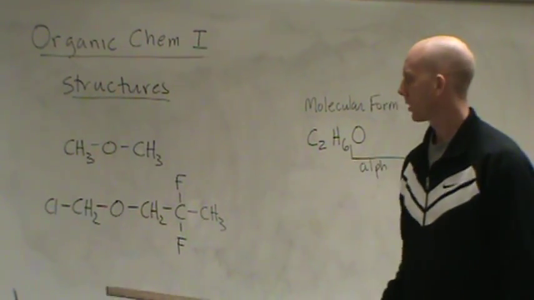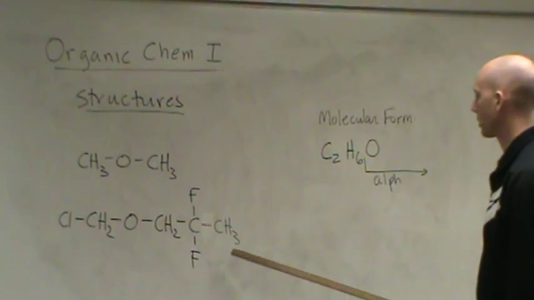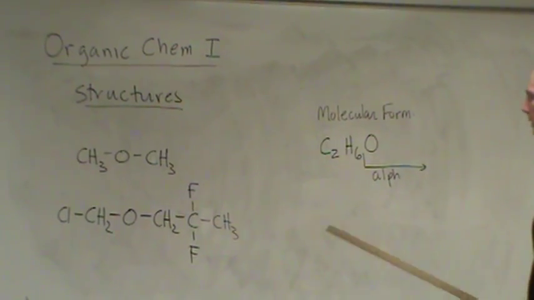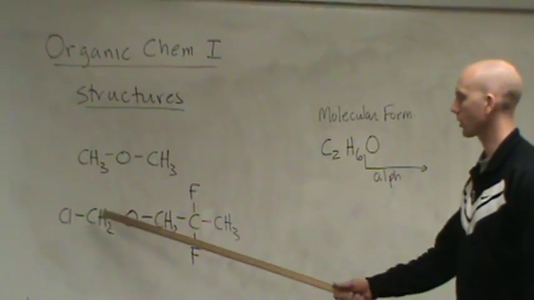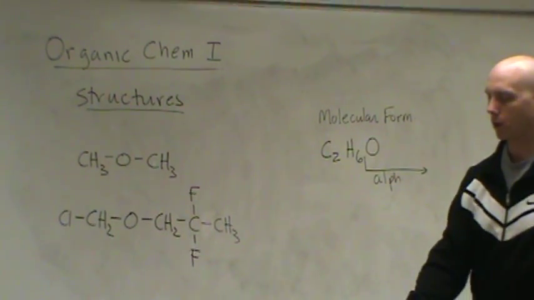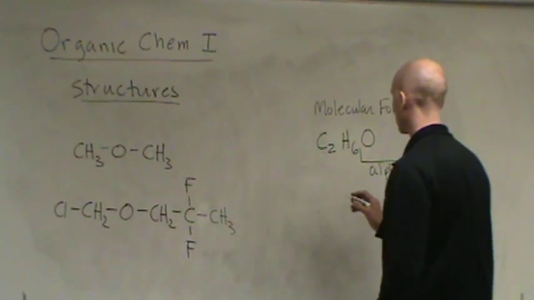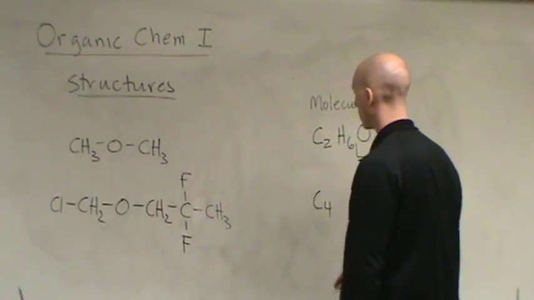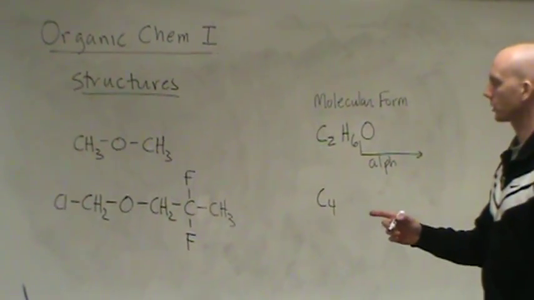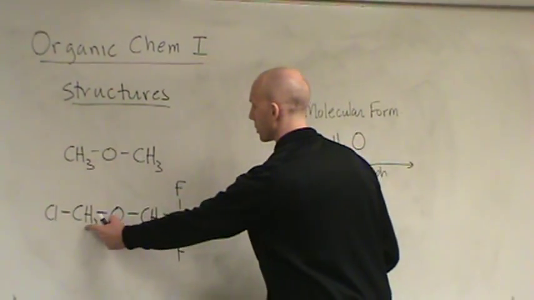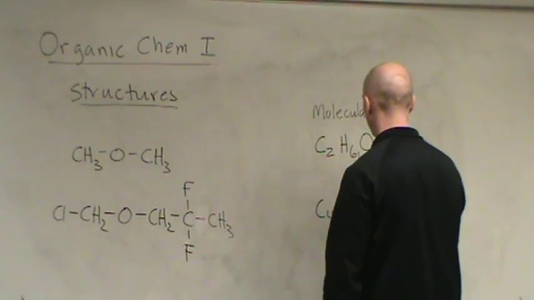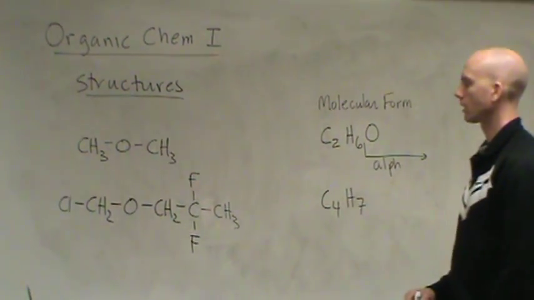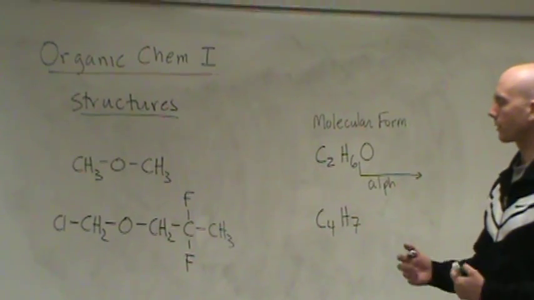Okay? So what if we had this structure and we wanted to write the molecular formula of it? Well, the carbons go first, so we have 4 carbons. Then the hydrogens, we have what? 2, 4, and 7. And then everything else.